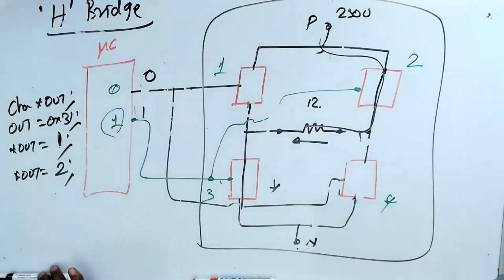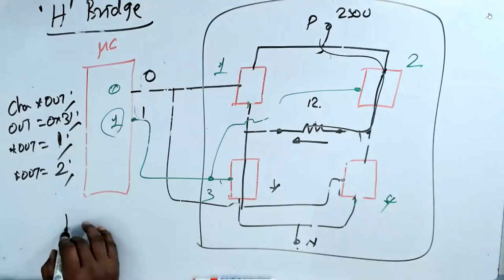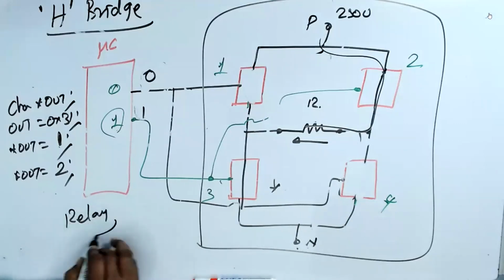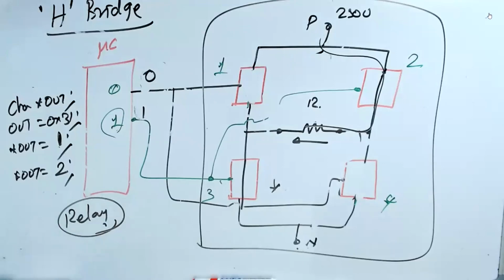Okay. So this is the place where we use the important component, relays. Next session, we will discuss how to connect a motor. There are so many methods and so many motors. We will take one motor and explain it next session.